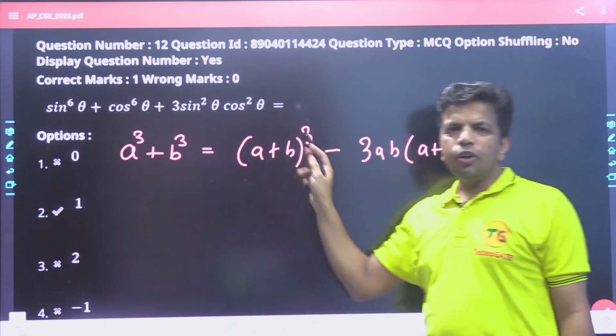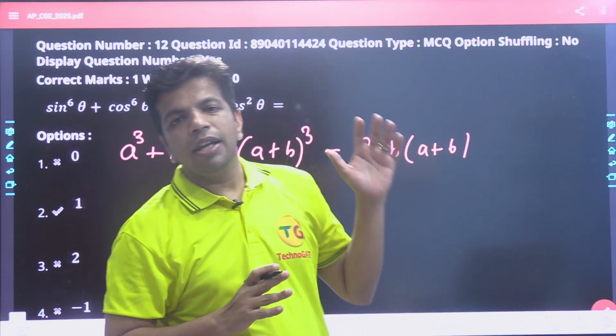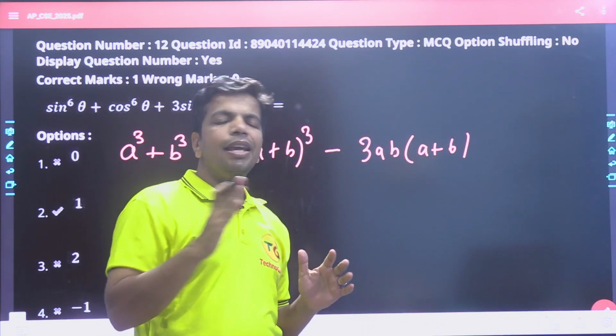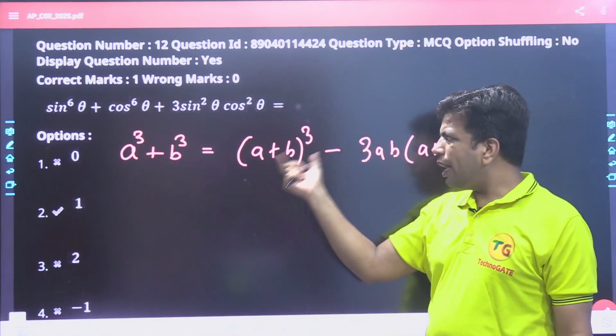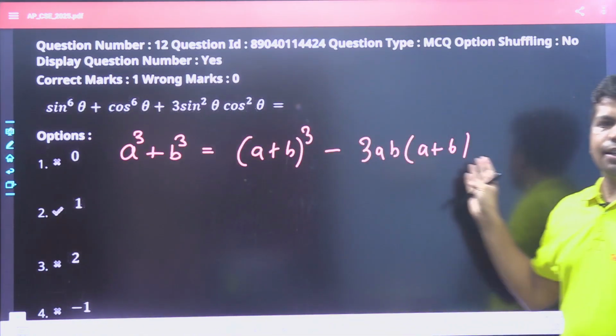Simply we are going to find a plus b whole cube. So it is a cube plus b cube plus 3ab into a plus b. That is the simple formula for a plus b whole cube. So I can also write like this.